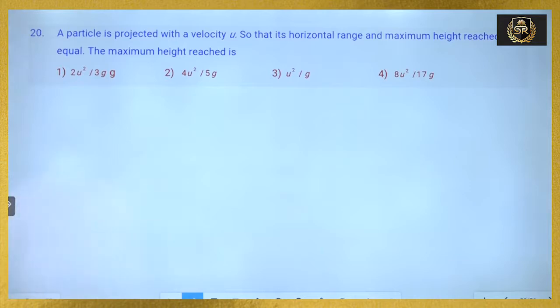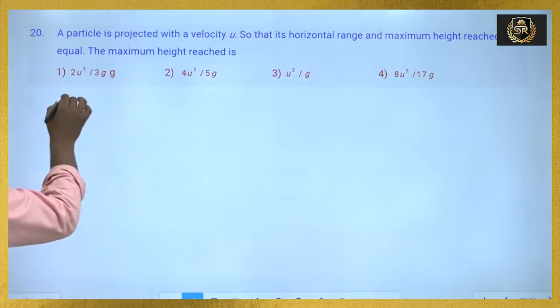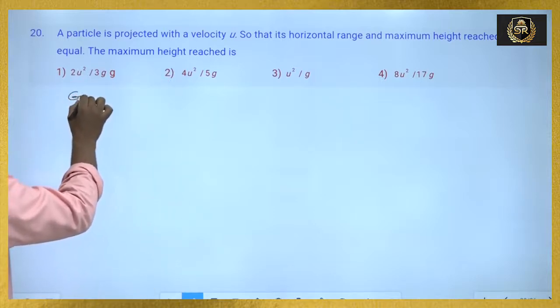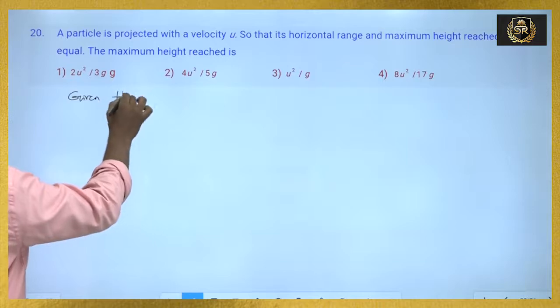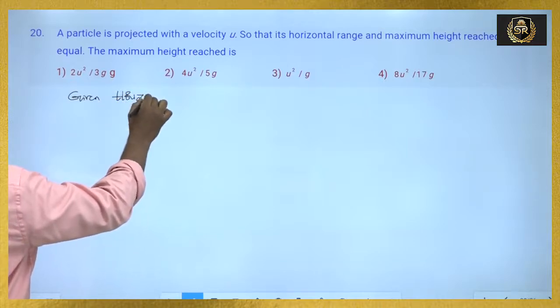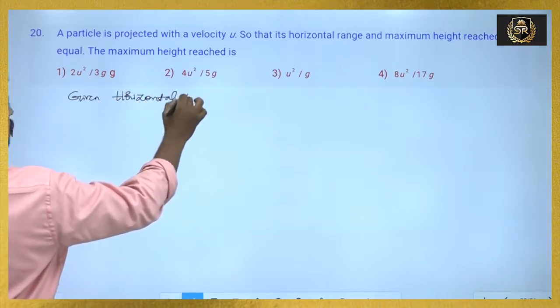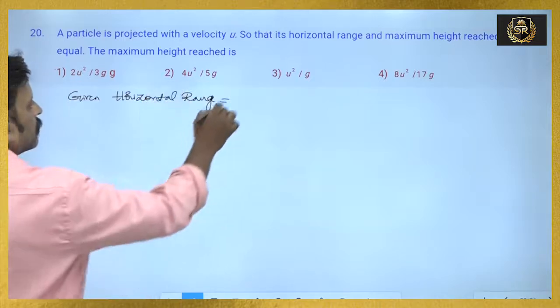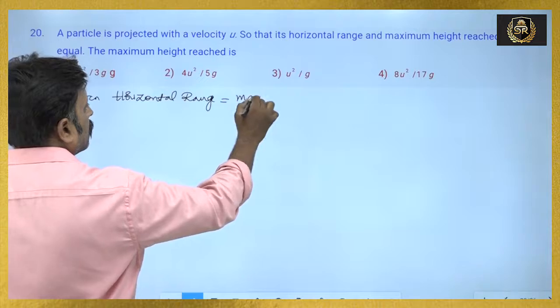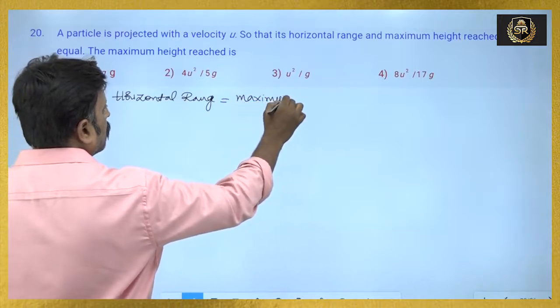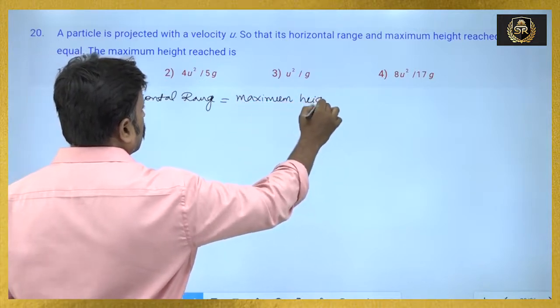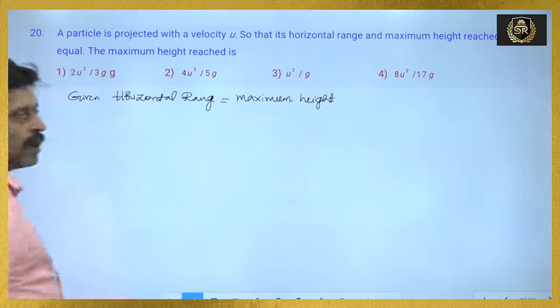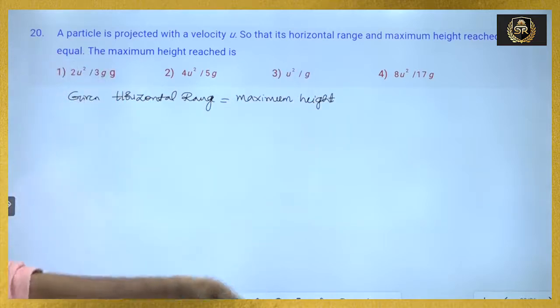The maximum height reached by the stone is... See what he has given in the problem: horizontal range equal to maximum height reached by the projectile.